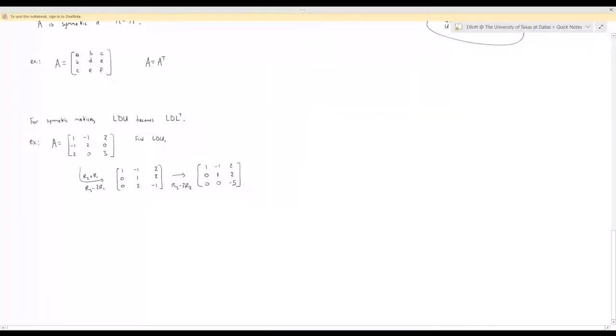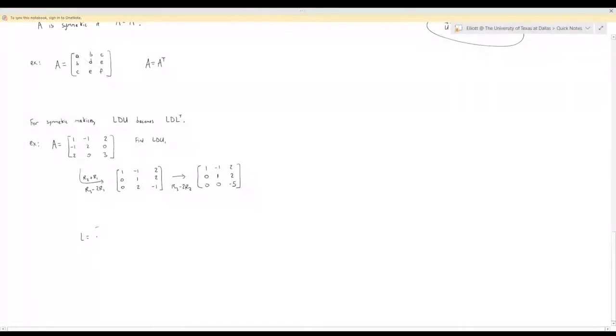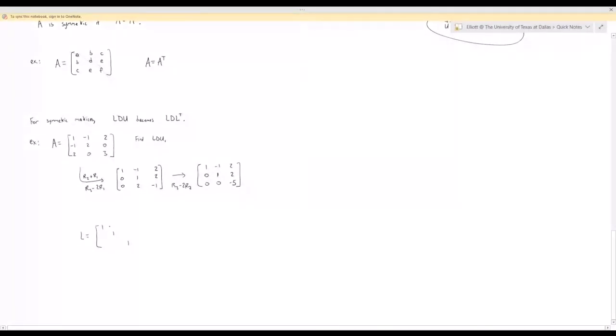Okay. Now remember for the LDU decomposition, the L works the same in both LU and LDU. So it's 1s on the diagonal, 0s above because it's lower triangular. Here we did row 2 plus row 1, so there's a +1 coefficient there.